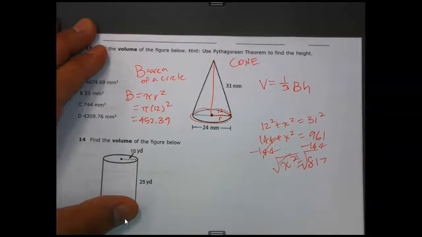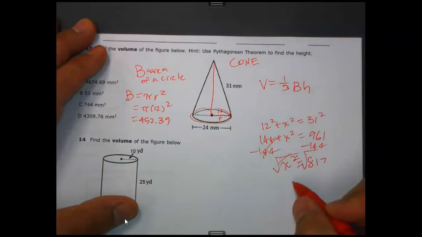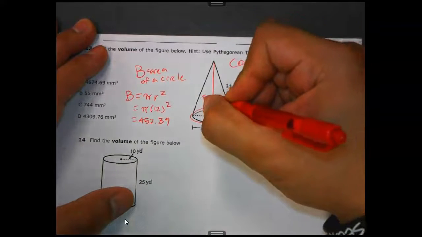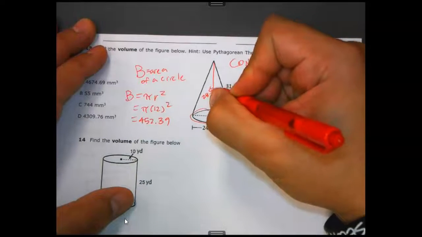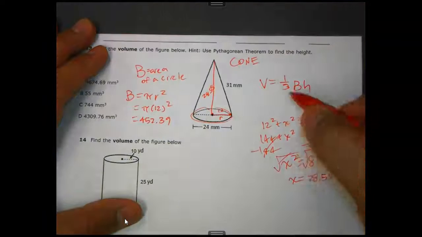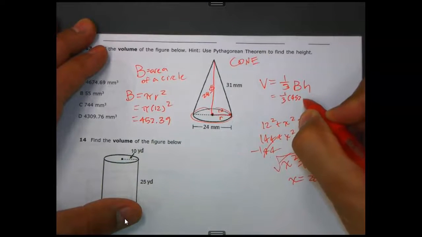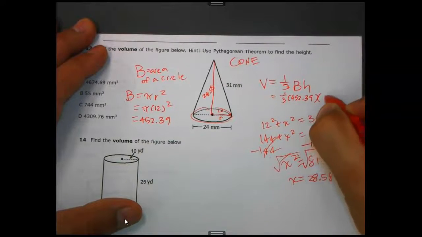If you square root both sides, you get 28.58 for your height. All right, so 1/3 BH is going to be 1/3 times 452.39 times 28.58.